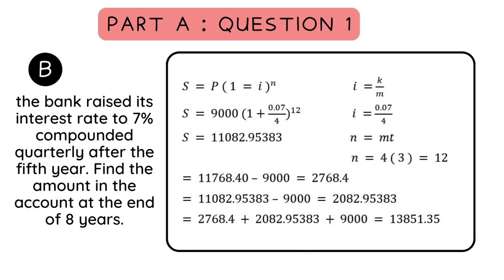The calculation is 11768.4 minus 9,000 equals 2768.4. 11082.95383 minus 9,000 equals 2082.95383. The last answer is 2768.4 plus 2082.95383 plus 9,000, and the answer is 13851.35.